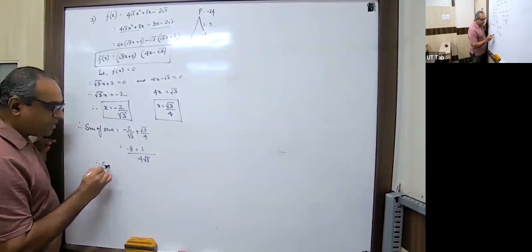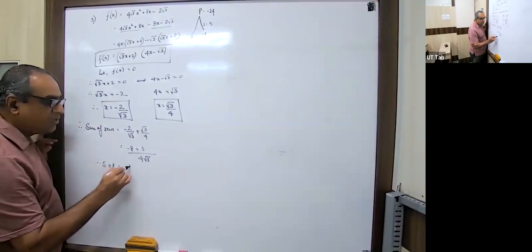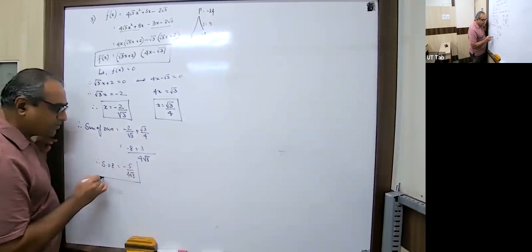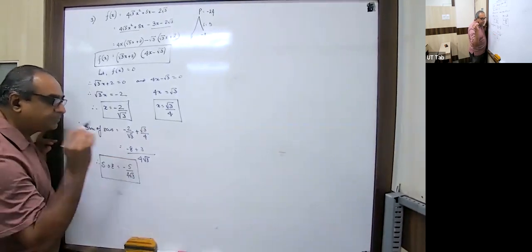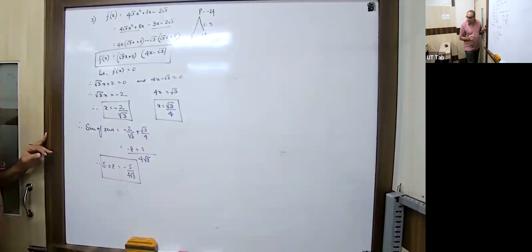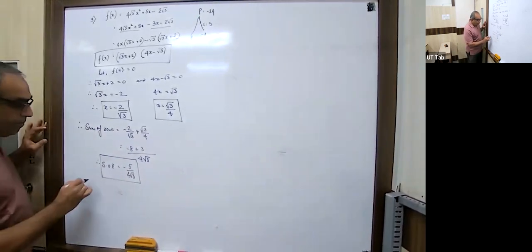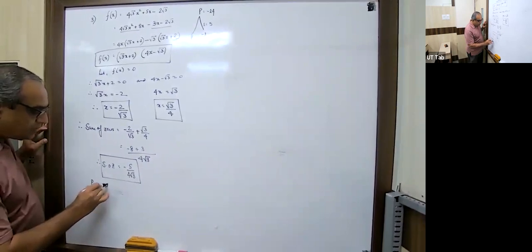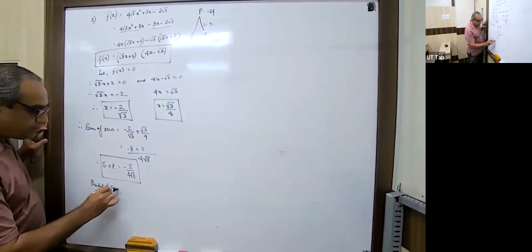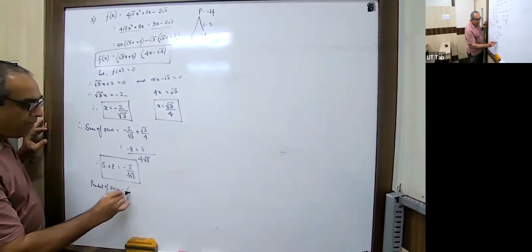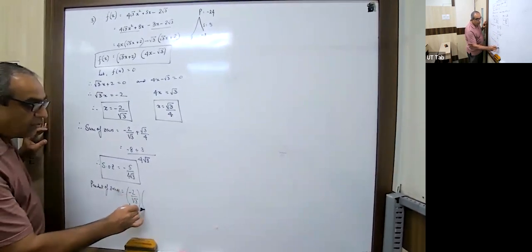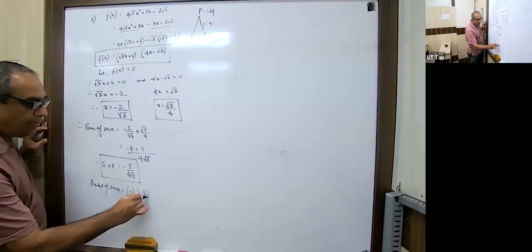What is my sum of zeros? Correct? Product of zeros. Minus 2 by root 3 into root 3 by 4.